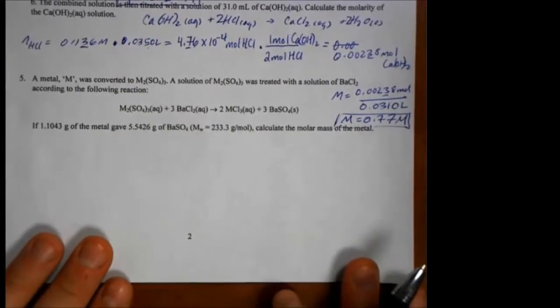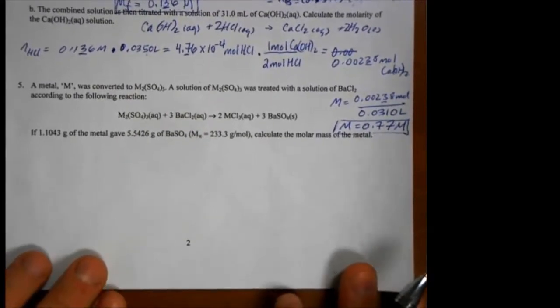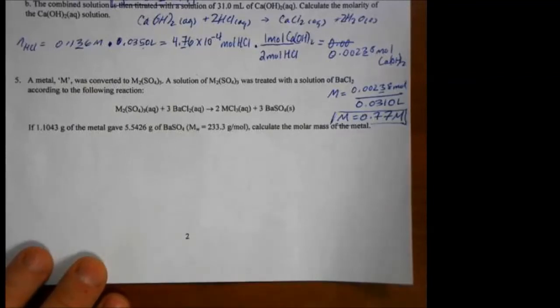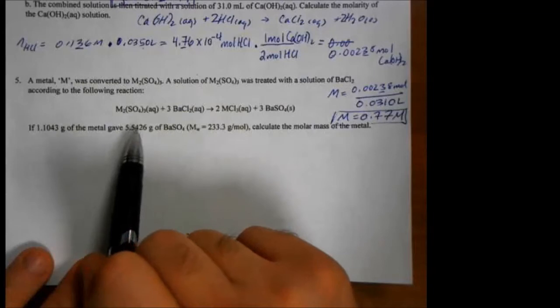Okay, so the next one looks like a gravimetric analysis problem, if I'm reading it correctly. A metal M was converted to M2(SO4)3. The solution of M2(SO4)3 was treated with a solution of barium chloride according to the following reaction. So this is a gravimetric analysis problem.